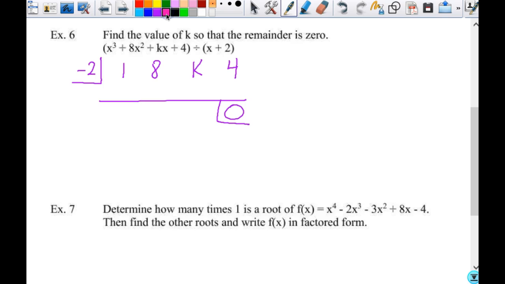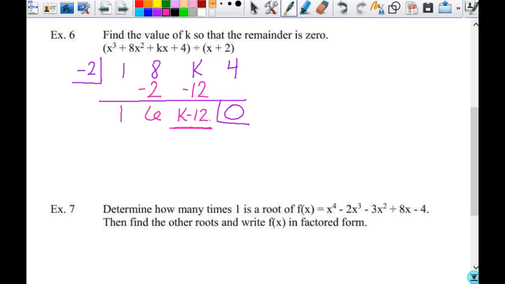So I'm going to go ahead and put that in there. Then we start working it, just like the rest of them. So I bring down my 1. Then I do negative 2 times 1 is negative 2. That gives me 6 here. Negative 2 times 6 is negative 12. So what do I put right here? Okay, well, it's not negative 12k because I'm not multiplying. It would just be k minus 12, or negative 12 plus k, the same either way, but it's adding and subtracting, it's not multiplying.